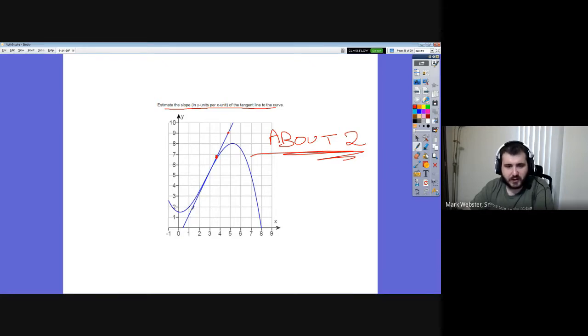See how none of these go through crosshairs like this. They're all off by a little bit. Even this one is close, but no cigar. So the thing of it is, this tangent line, you're not going to be able to get an exact answer, and you're not meant to.